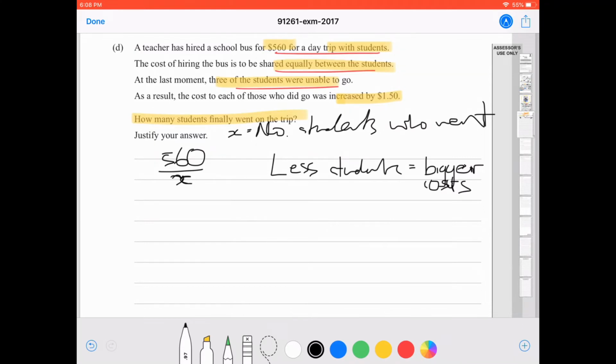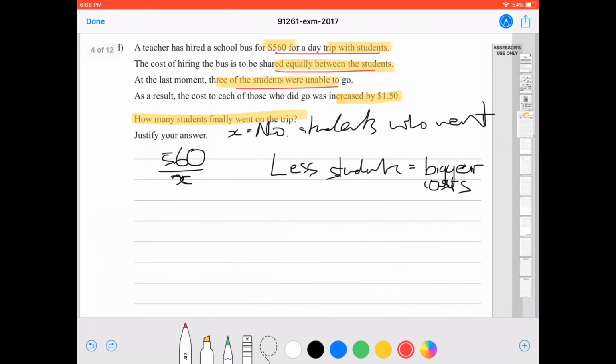Bigger costs. Okay. And so we're talking about this 560 over x. That is true for the second part, when the students had decided 3 were unable to go.